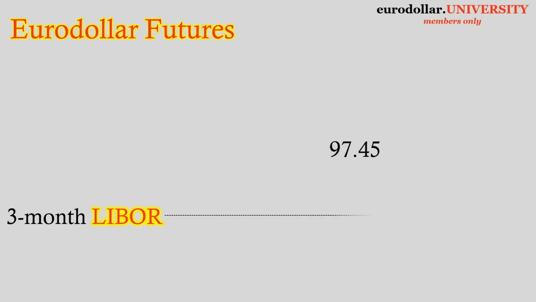A contract price of 97.45 does not mean the market is predicting exactly 2.55% 3-month LIBOR on the date of expiration. Instead, there is a variety of probabilities that could lead to something in that neighborhood. It is more like a median, but really just a starting point for evaluating complex prospects.